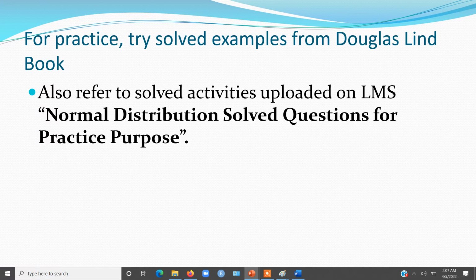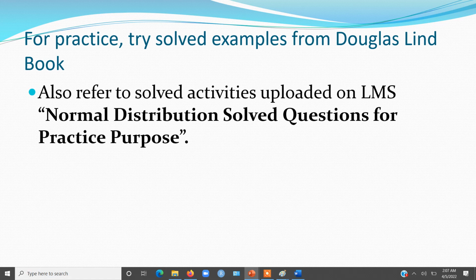This label is only for my NAST students, where I have uploaded some practice activities on the learning management system portal. Anyhow, you can use solved examples of the Douglas Lind book as well for additional practice activities. The good part is that I haven't used the solved examples.